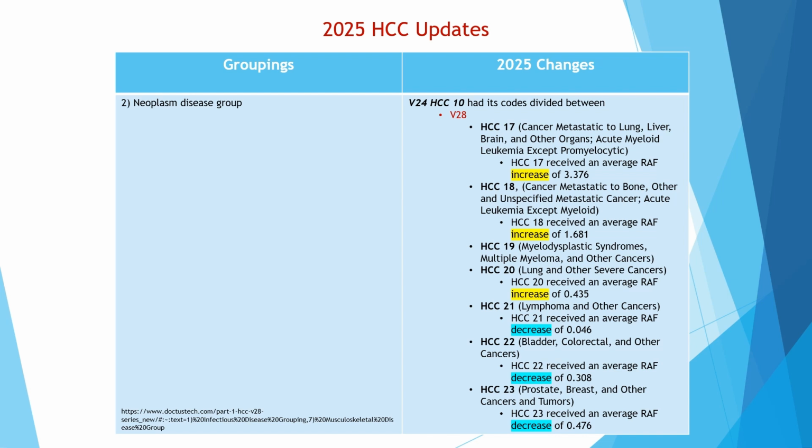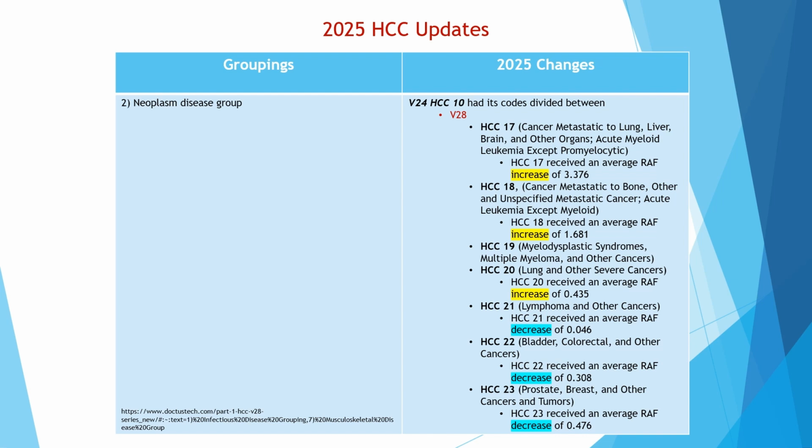V24 HCC 10 had its codes divided between V28. HCC 17, cancer metastatic to lung, liver, brain, and other organs, acute myeloid leukemia except promyelocytic, received an average RAF increase of 3.376.